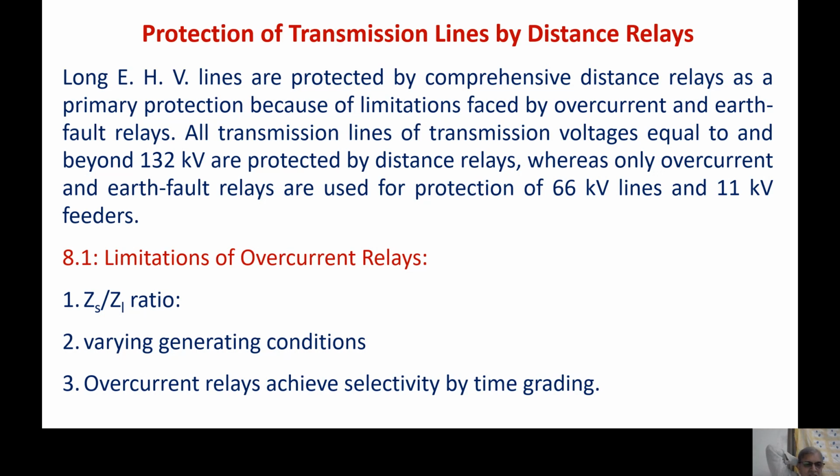And in the limiting case, it may so happen that the fault current with minimum generating conditions is lower than the load current with maximum generating condition. Usually fault current is high, but here fault current is less and load current is more. Maximum generation means maximum number of generators connected.